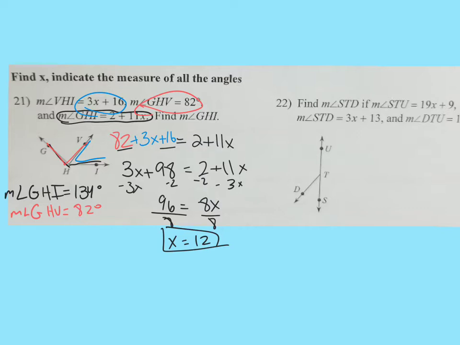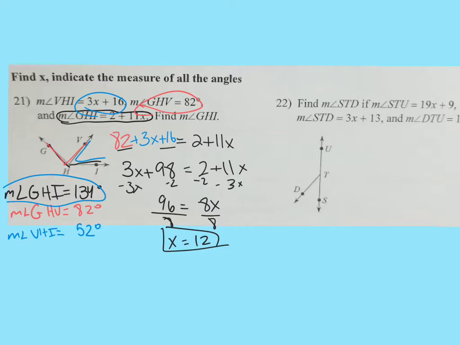That's in the problem. The blue one, 3x plus 16, so the measurement of angle VHI equals 3 times 12 is 36. 36 plus 16 is 52 degrees. And that's it. So I have 3 answers, and they wanted you to find GHI, so that's the one they wanted. But I have all of them, and they do work out.